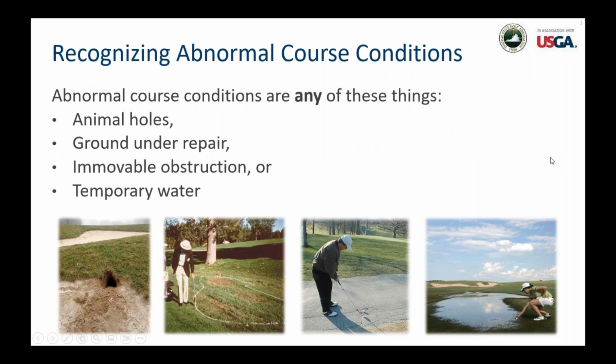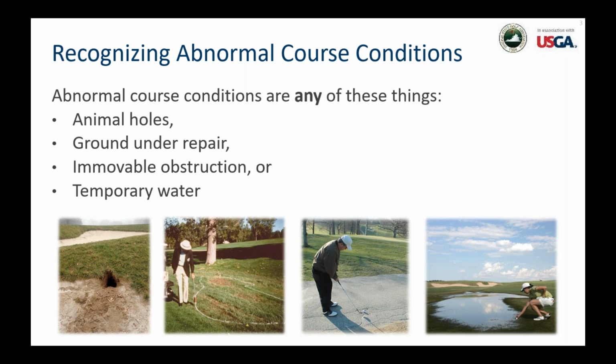I feel like these pictures and scenarios may be pretty familiar to everyone, but an abnormal course condition is any of these things. Animal holes, which is the bottom left picture. Ground under repair, which from the courses that you play or tournaments, the committee may be painting some of these not so good areas within white paint.